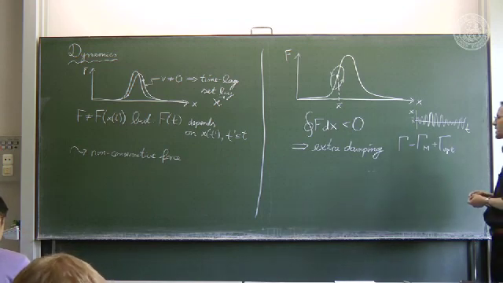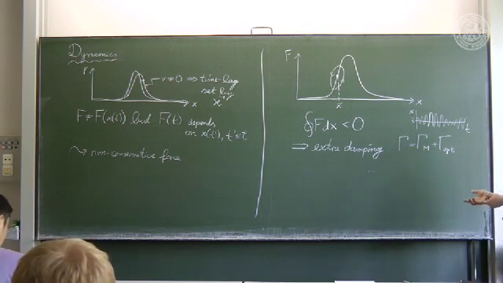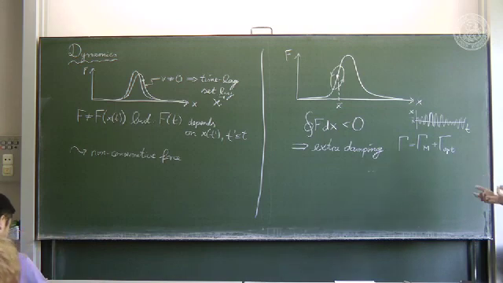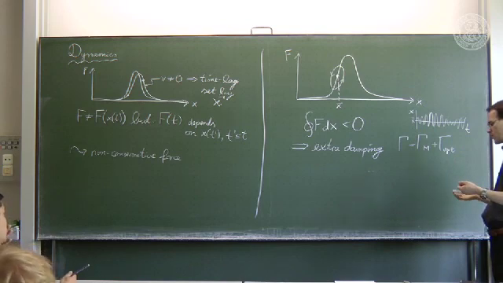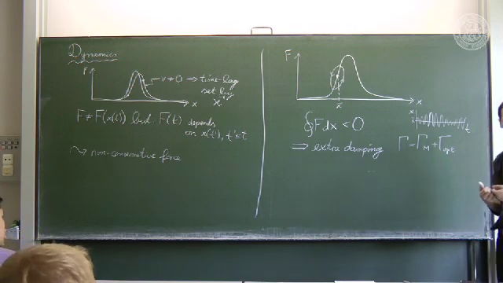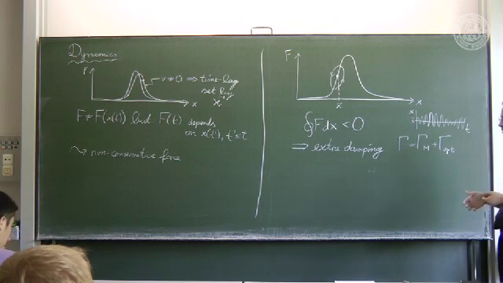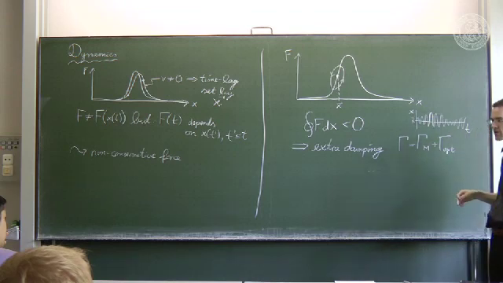Now, whenever there is extra damping, but no extra fluctuations, then this damping can simply be used to damp away the thermal fluctuations. Thermal fluctuations always arise as an equilibrium between the damping that wants to extract energy and the thermal force, the random force that comes in from the outside and tries to heat up the system. So in thermal equilibrium you have a balance between the two. And now if you increase the damping, but you don't increase the fluctuations, then effectively you will reduce the fluctuations, and so you will reduce the effective temperature.